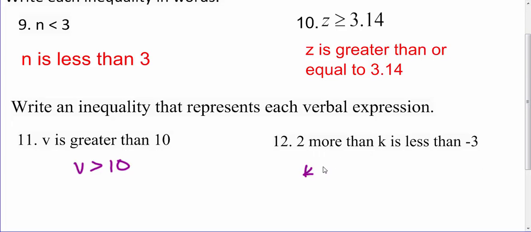So that would be k plus 2, or you could write it as 2 plus k is fine, is less than -3. There's our inequality. Now later on we'll go ahead and solve that inequality and we could graph it, but for today we're just looking at some of the introductory aspects of inequalities.